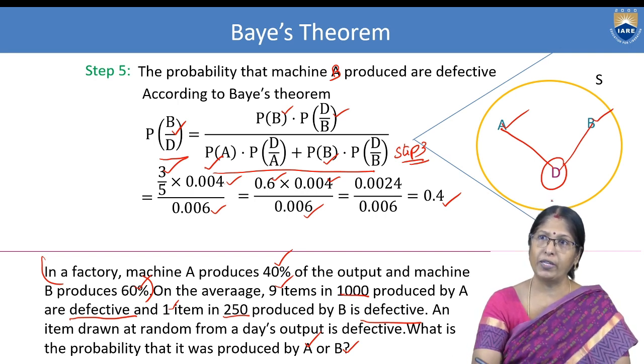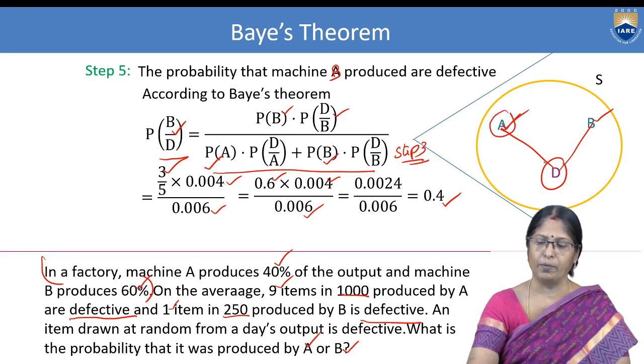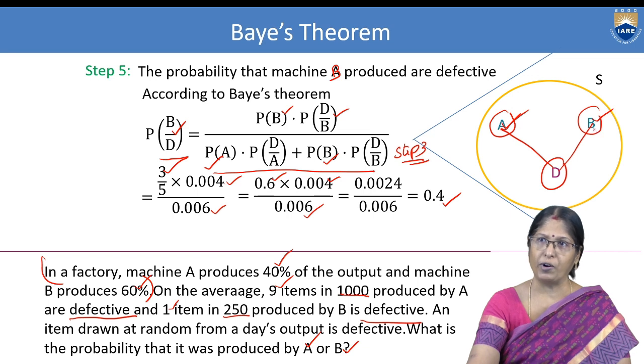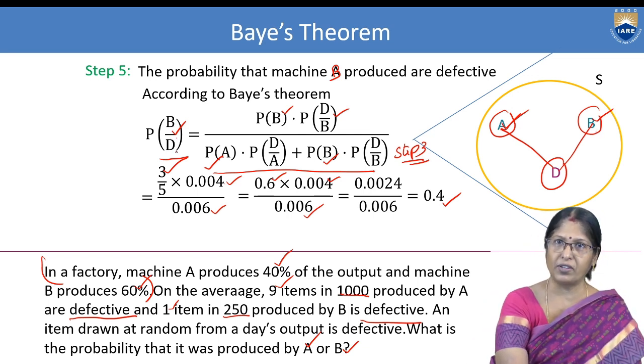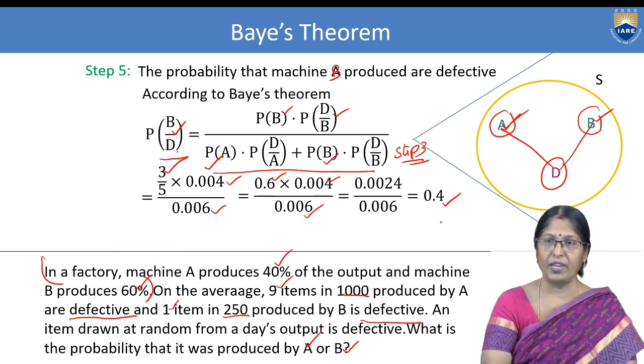Step 4, specifically they will be asking about our main events. Here, 2 main events. Step 4, about A, we did using the Bayes theorem. Step 5, about main event B, it is asked in this problem. Bayes theorem is easy to remember. B we wanted, our main event, so the main event given that intersecting event. Like that, if you remember, it is very, very easy.